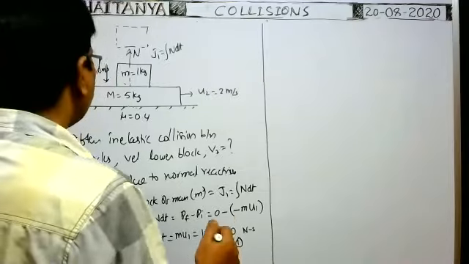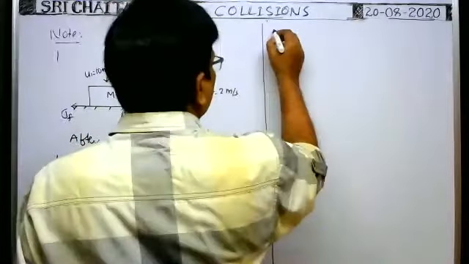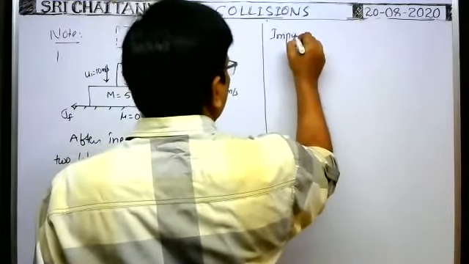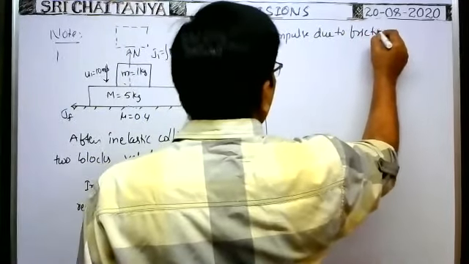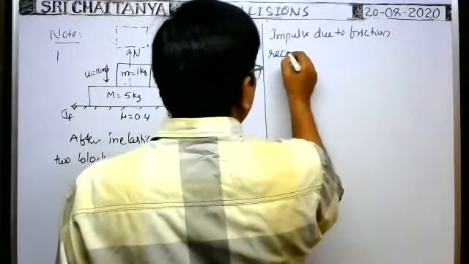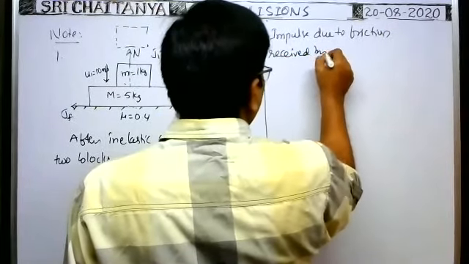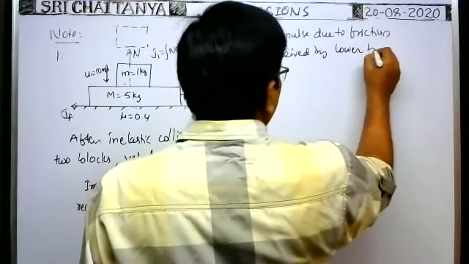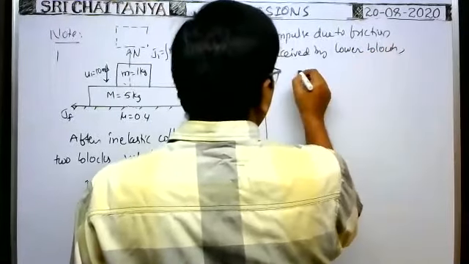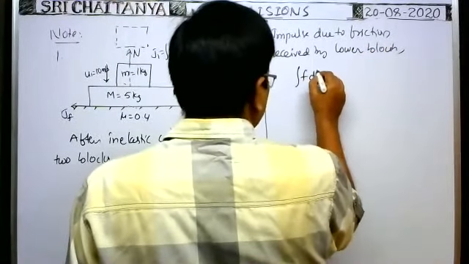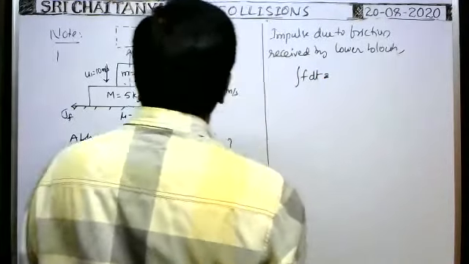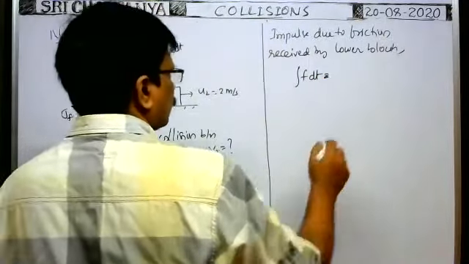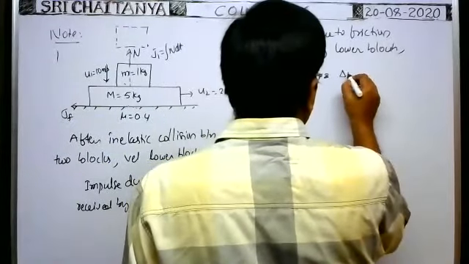So here, the impulse due to friction received by the lower block, integral f into dt, is equal to the change in momentum of the block, delta p.